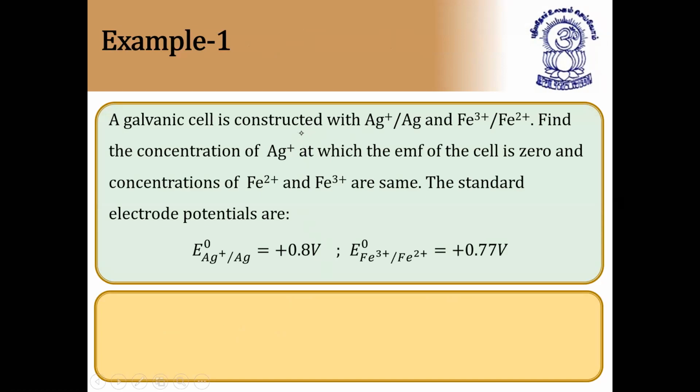And here the EMF of the cell is 0, means E is equal to 0. So first in this question, by joining silver and iron, we have to find the electrode potential of the cell. After finding that, we can straight away find the concentration of silver ions by using the Nernst equation. So let us see how we will do it.